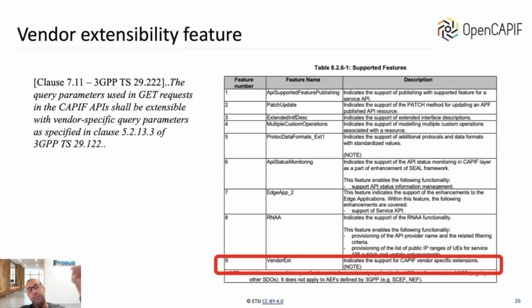The vendor extensibility is a defined feature of the CAPIF, which gives the opportunity to an API provider to extend the model of the service API description.